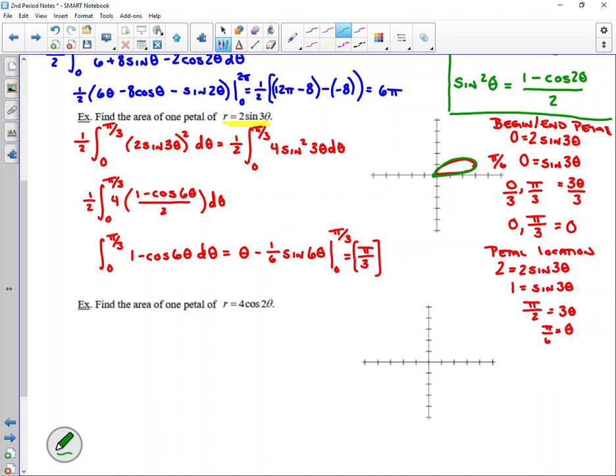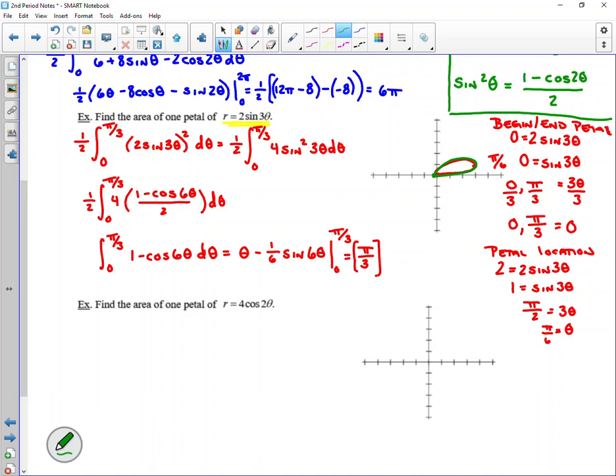I'm going to try it. Sometimes it works, and other times it doesn't. Yeah, you could go 0 to pi, always, if you want all the petals.